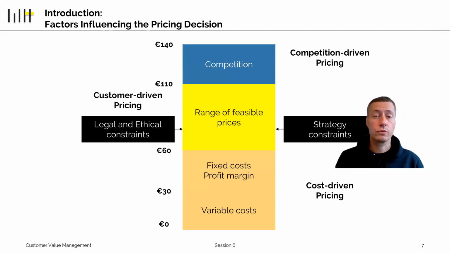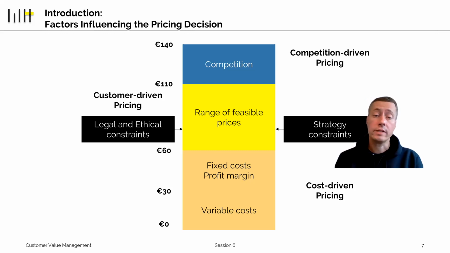In the last section of today, when we talk about economic value creation, we discuss one approach for how you can calculate this number, how you can come up with the 140. For the moment, just assume it's 140. If the product generates a value of 140 for the customer, this theoretically means you can charge any price between 0 and 140. You cannot charge more than 140 because otherwise you would charge more than the product is actually worth for the customer.